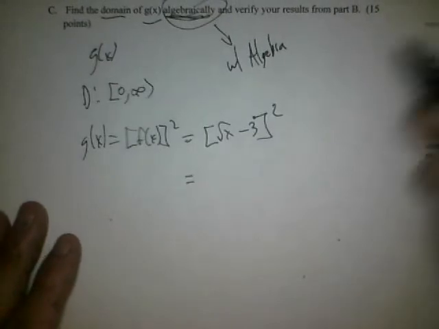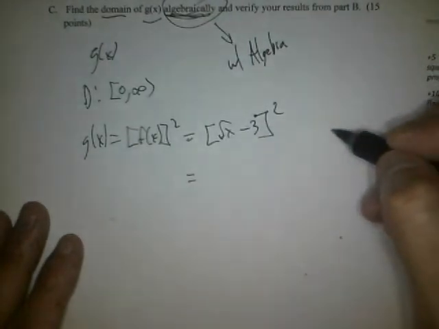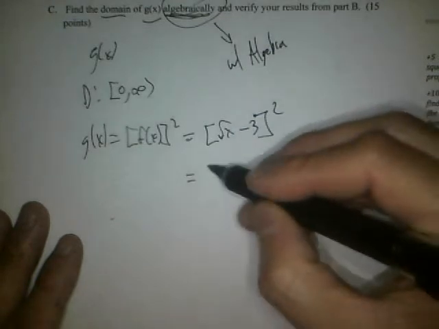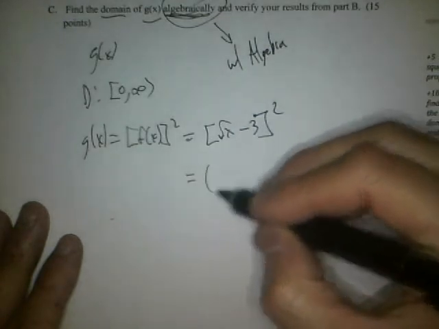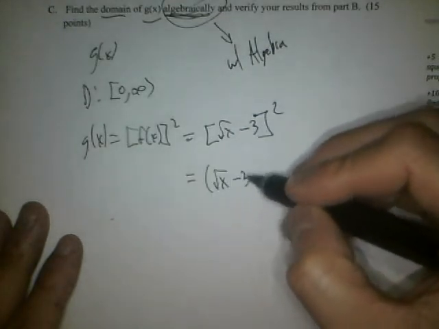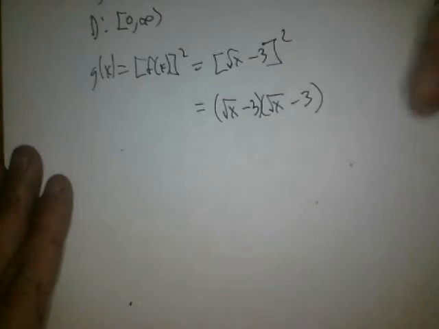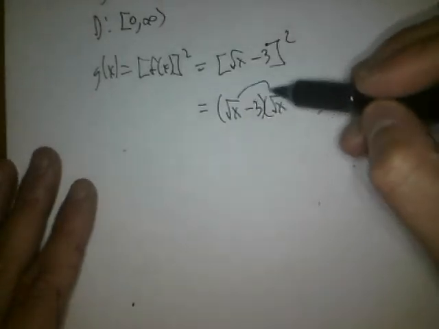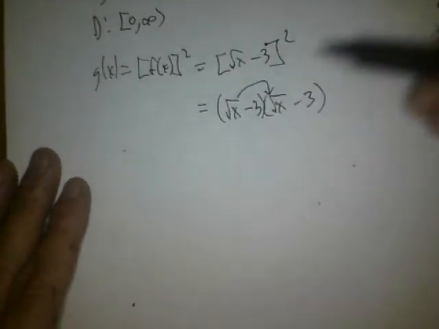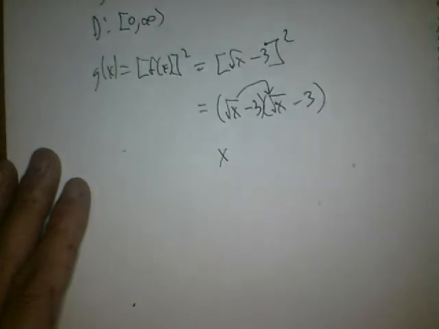If we square this out, this means this times this, right? So if we FOIL this out, square root of x times square root of x is x.